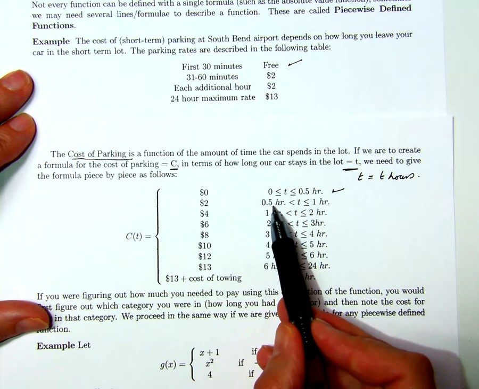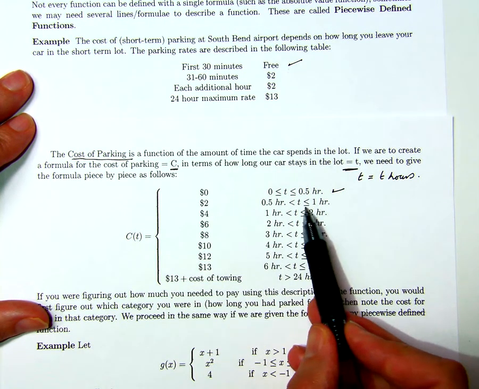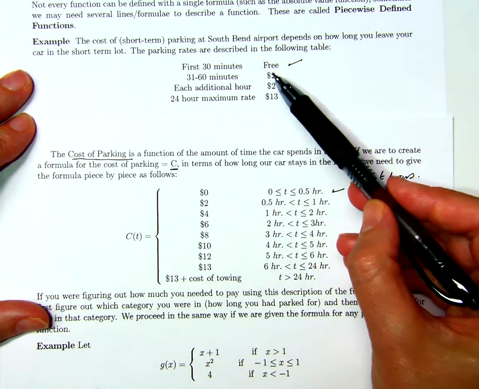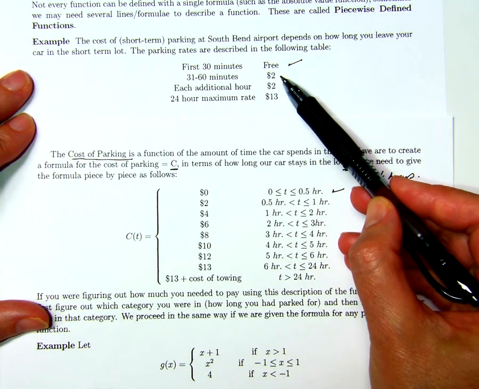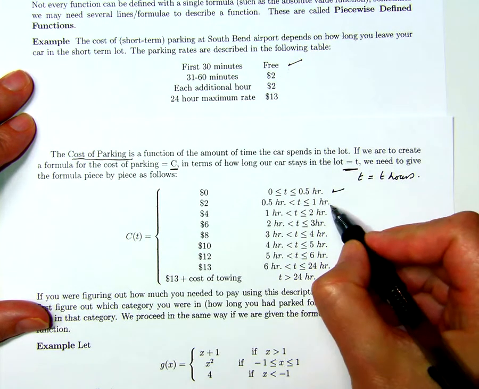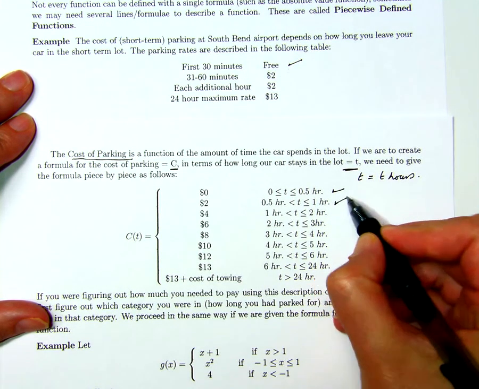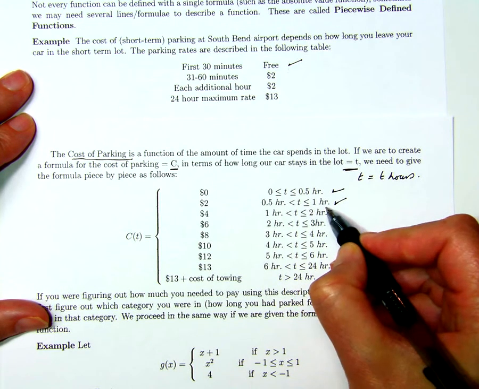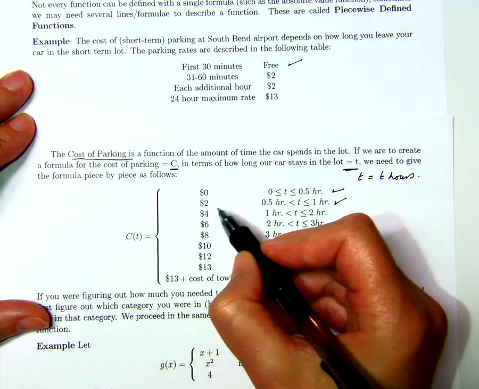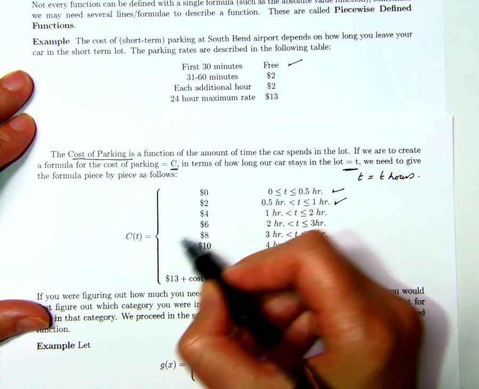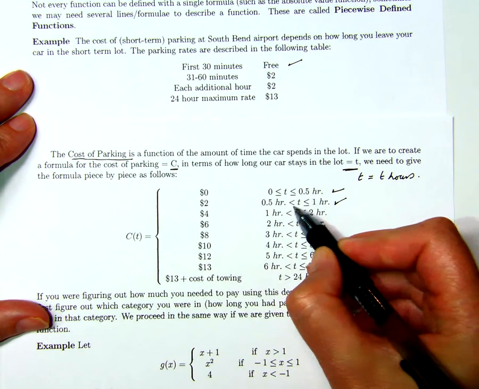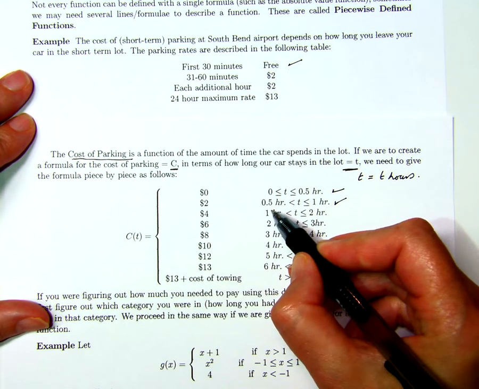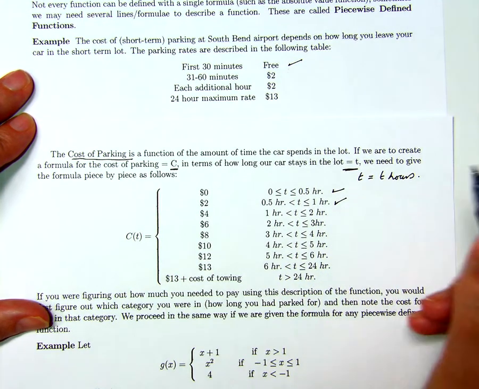What about if my car spends somewhere between half an hour and an hour in the lot? Well, that's the next 30 minutes, and that's going to cost me $2. So if T is anywhere between 0.5 and 1 hour, then I'm going to pay $2. So C of T is 2 when T is between 0.5, a half hour, and 1 hour.